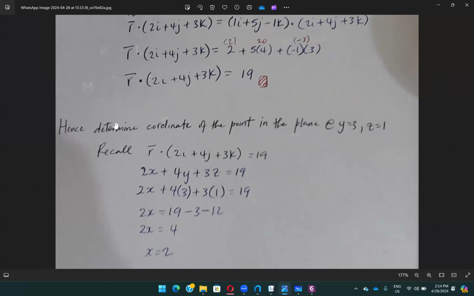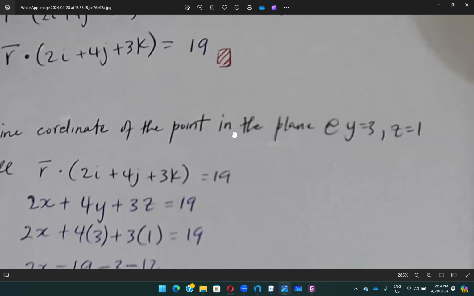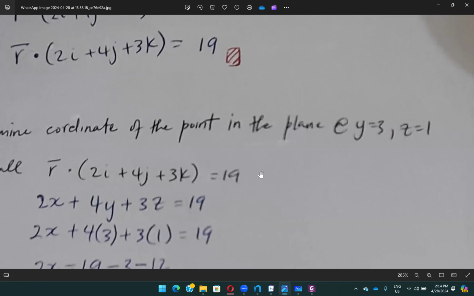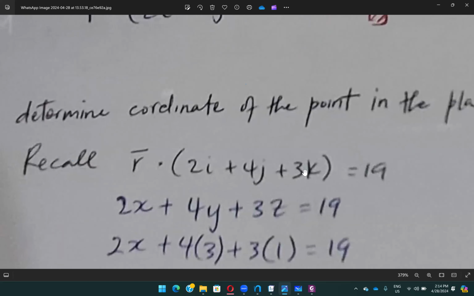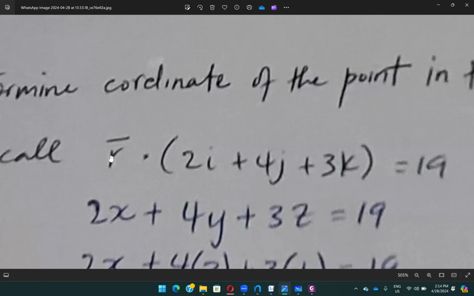Now it says, hence, determine the coordinate of the point in the plane at y equal 3 and z equal 1. So we're going to recall the equation that we got, which is r dot product 2i plus 4j plus 3k, and that's equal to 19. We're going to replace the r with x, y, and z. Remember, r is just a point, the point at x, y, z. We don't know what x, y, z is, but it's that point.